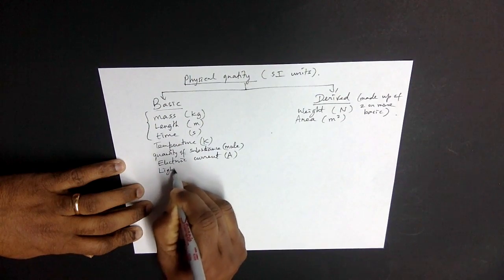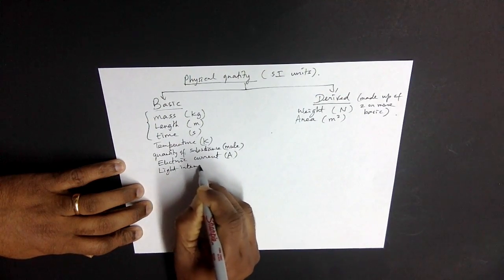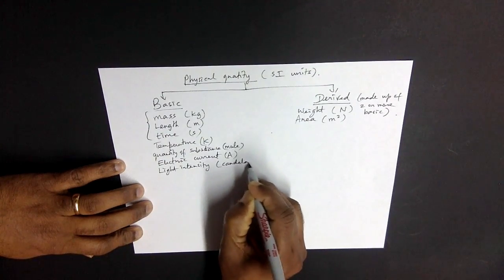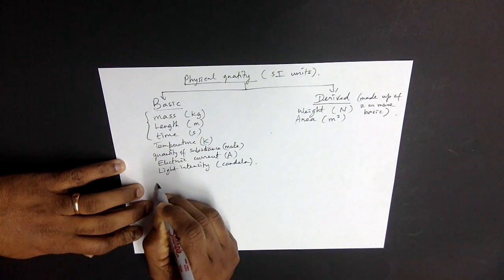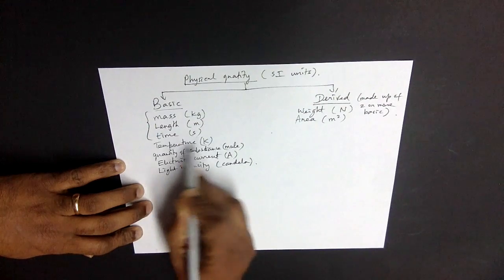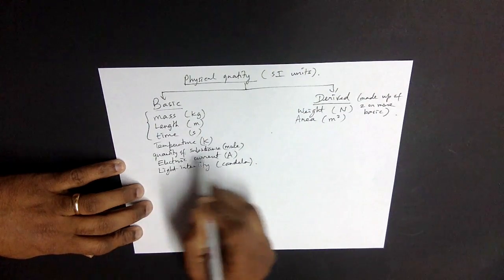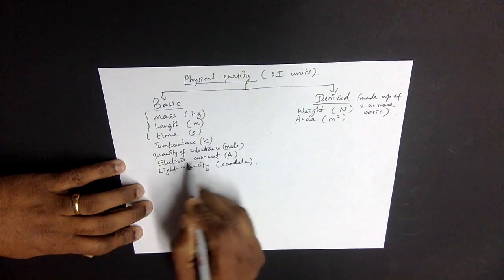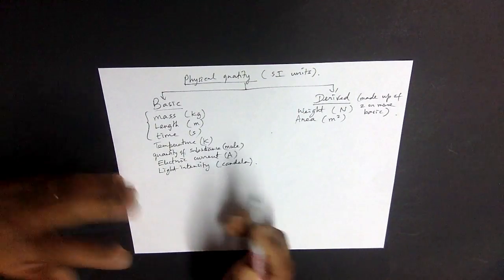Light intensity is measured in candela. Now, obviously, this one is going to appear more in thermal physics. This will come up when you discuss gases. This will come up in the chapter of electricity, and this one comes up in light.